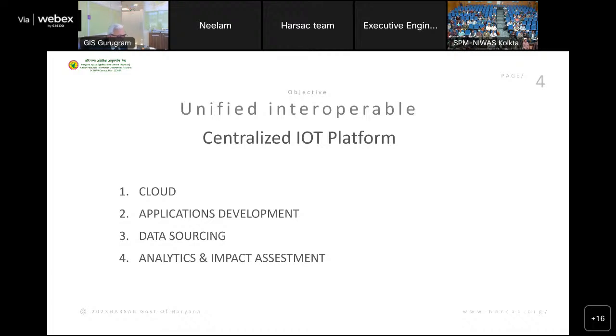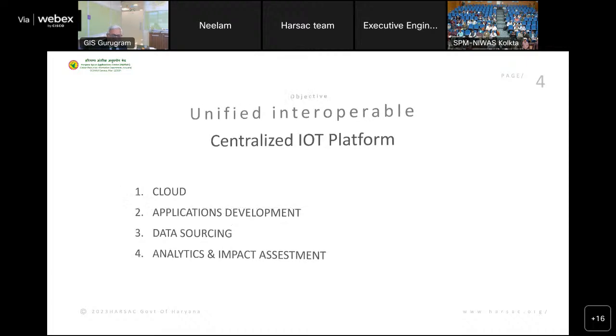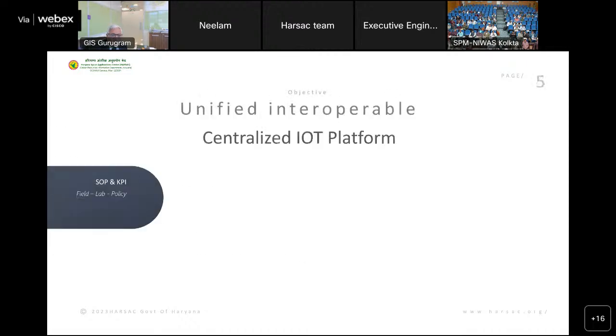Then data sourcing: data from all stakeholders across India, with probably more than 6 lakh villages, plus urban coverage. So how do we get those datasets onto a common platform? Then, once data is received, we require analytics, dashboards, and impact assessment for the particular area of interest. This is the broad concept of this entire program.